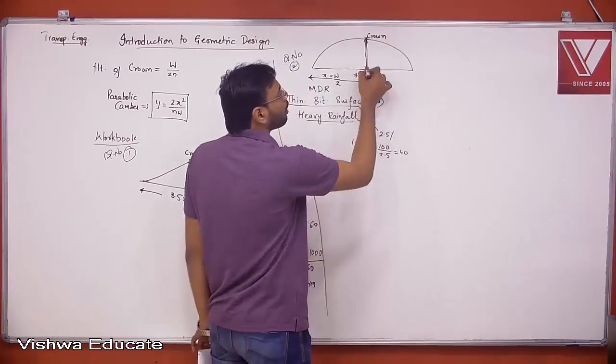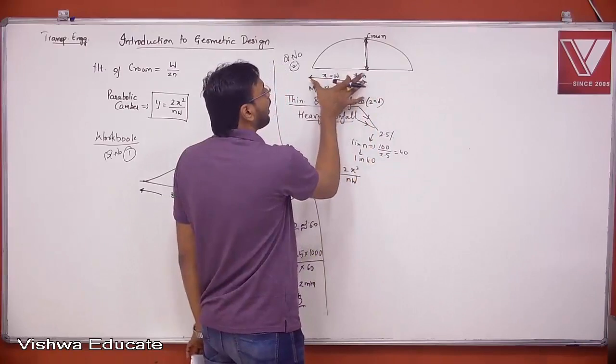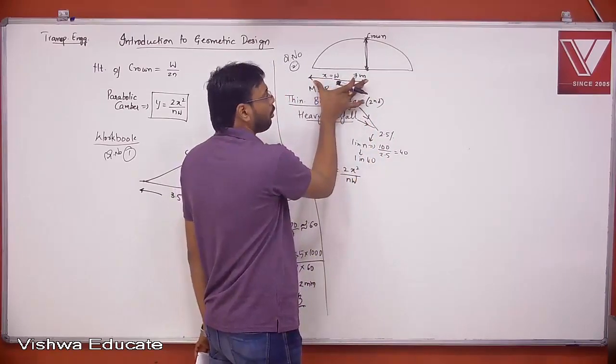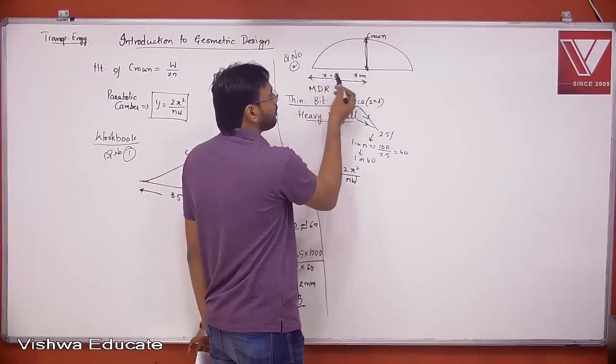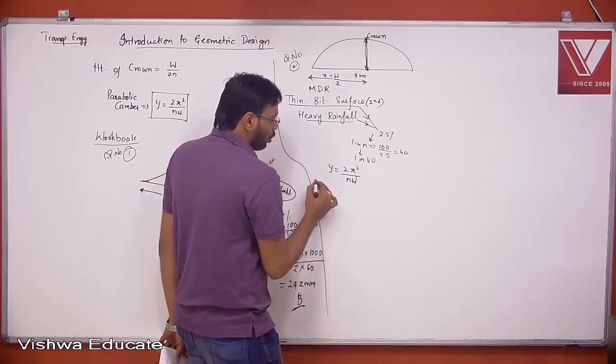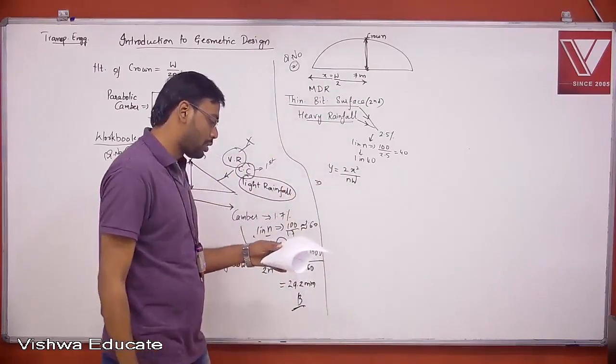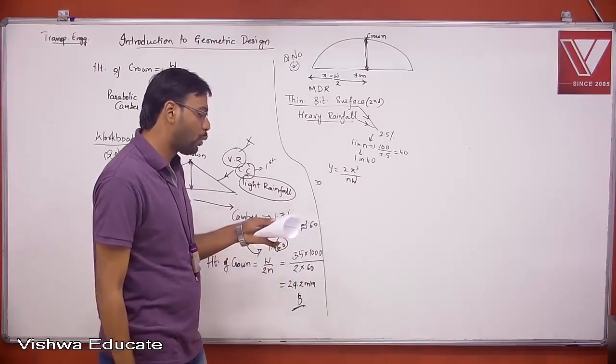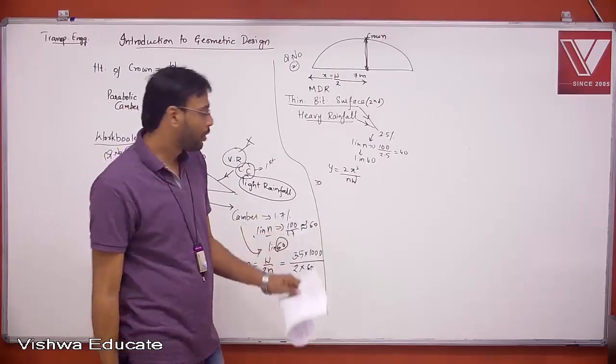My crown for the parabolic camber will be half the width of the road. So x is w by 2, and here my options are in mm, so I take the values also in mm.